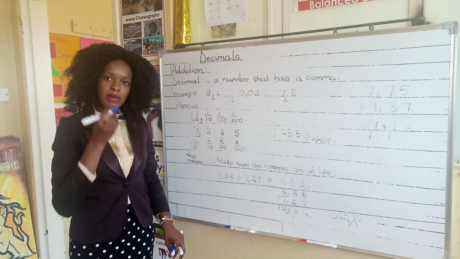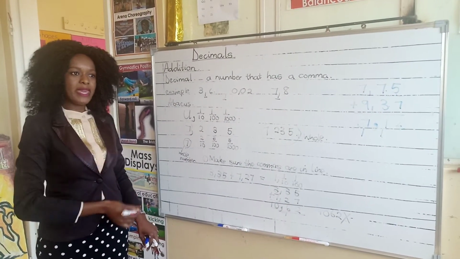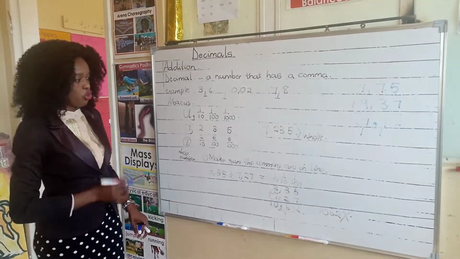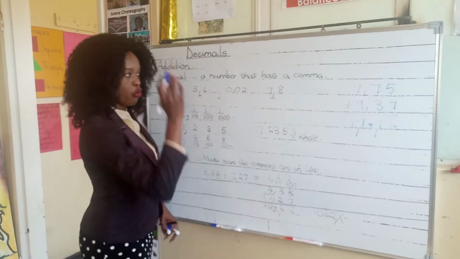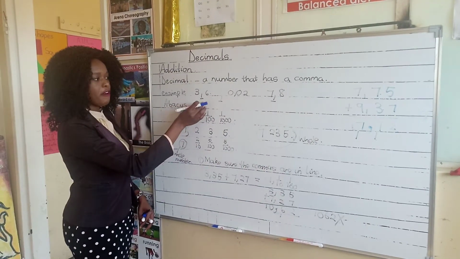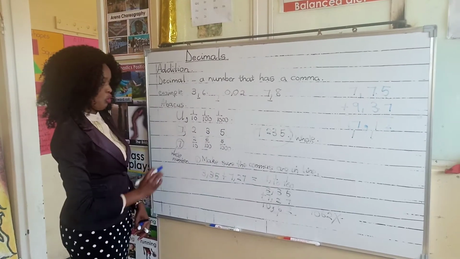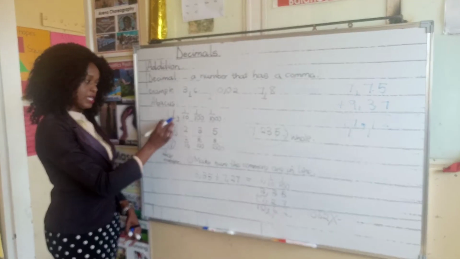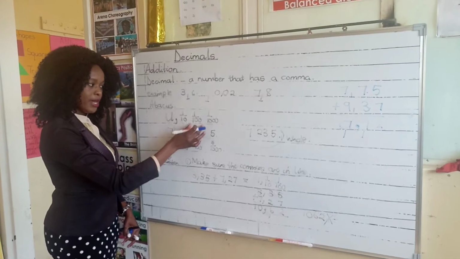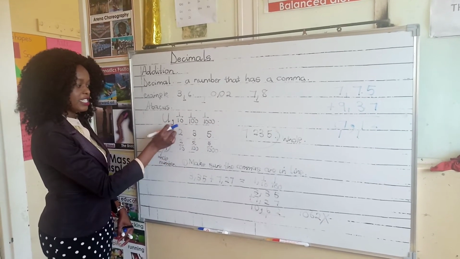Remember, when you are dealing with decimals, know that it has a comma. In mathematics we talk about being accurate, so make sure that your answer is correct all the time. If you leave out the comma, your answer becomes wrong. And remember, our abacus has a unit, a tenth, hundredth, thousandth, and it has a comma.